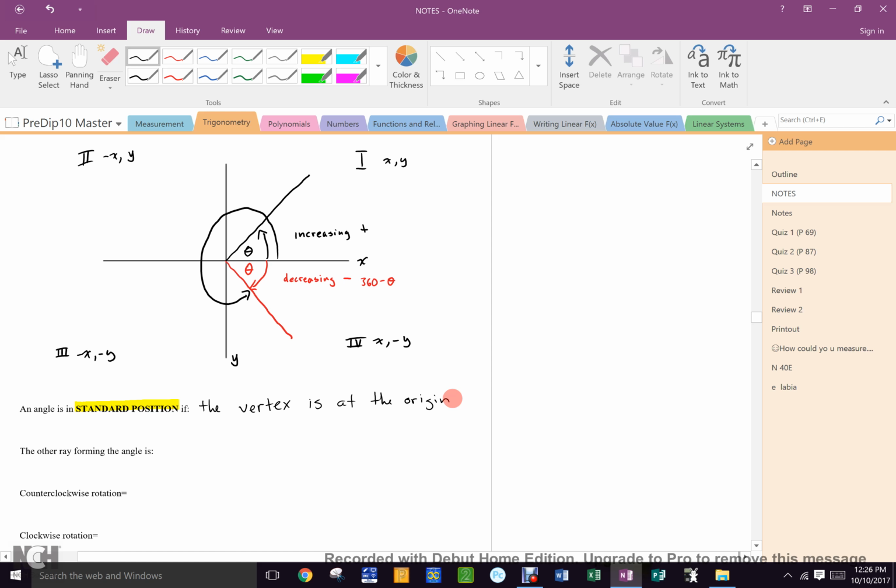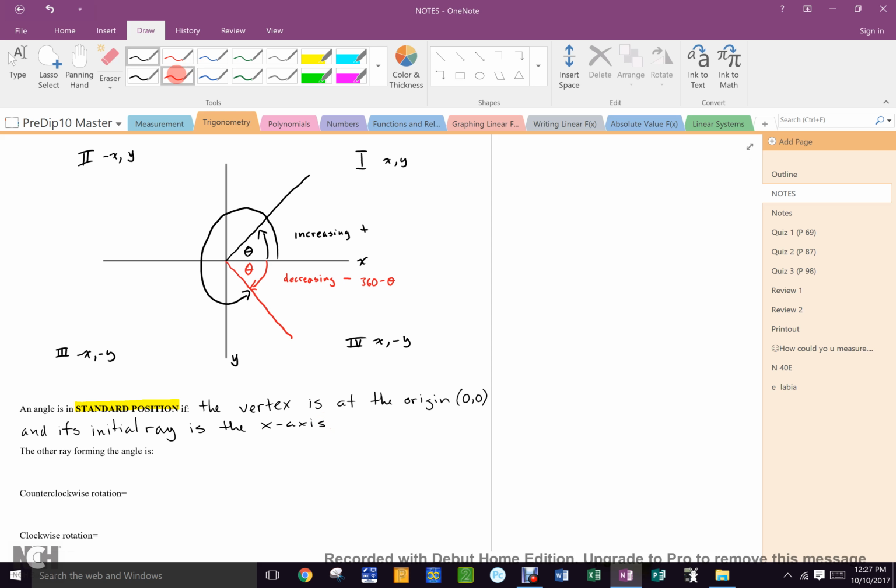What is the origin? Little dot in the middle. Yes, and what are its coordinates? 0, 0. Okay? 0, 0. And its initial ray is the x-axis.